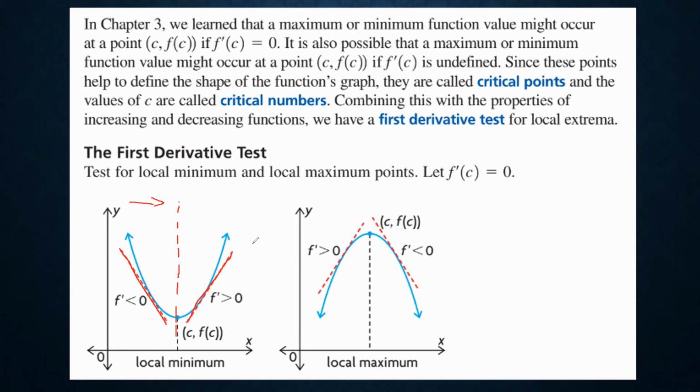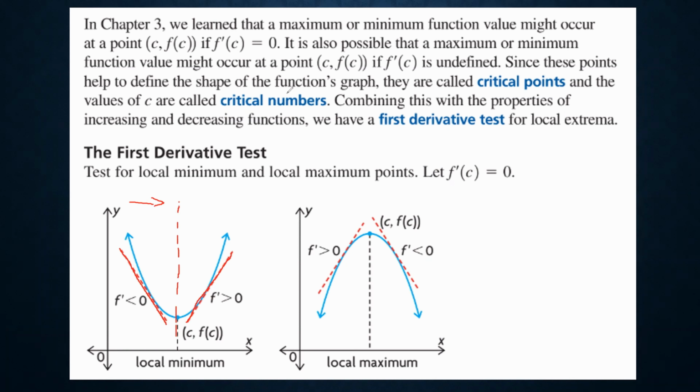Based on that, the function decreasing before this point and increasing after it states that it's a local minimum for us. On the other hand, if the function was growing before this point and decreases after, it's a local maximum. Am I right?